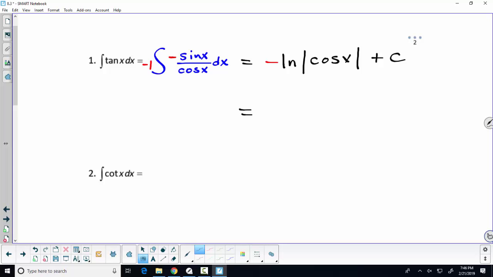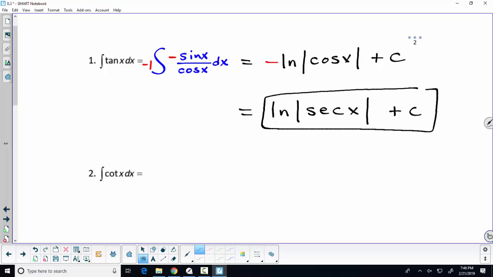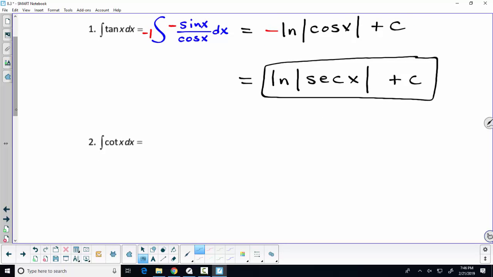More commonly, we see the antiderivative of tangent as the ln of secant. But either will suffice. You do need to know all four of these too.